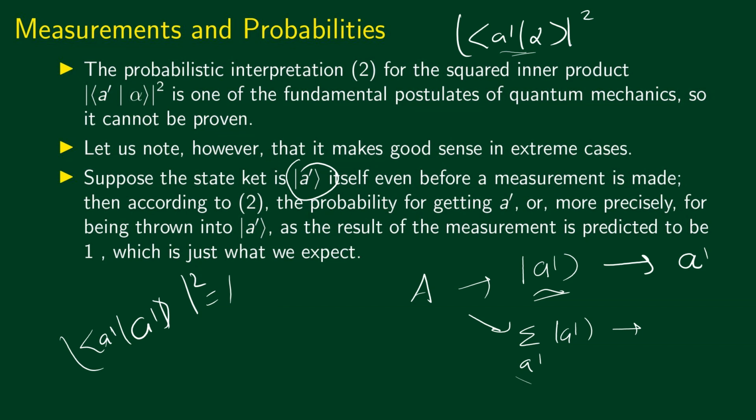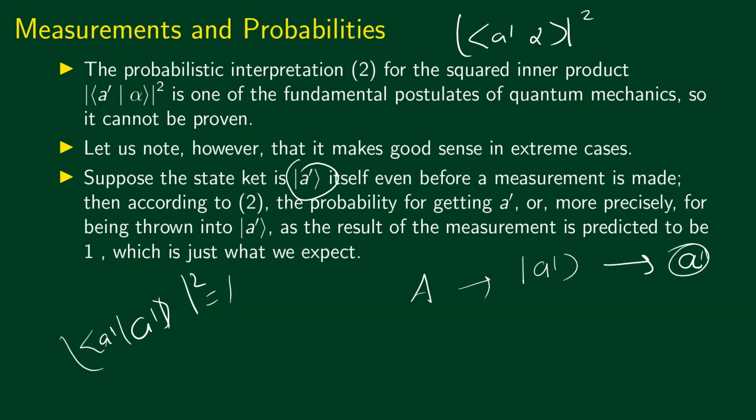So this postulate actually makes sense in this particular extreme case. This means that you are not going to get any other eigenvalue of A. You are only going to get this particular eigenvalue. The probability for obtaining all other eigenvalues is 0.